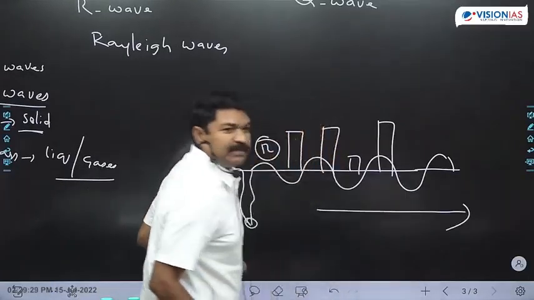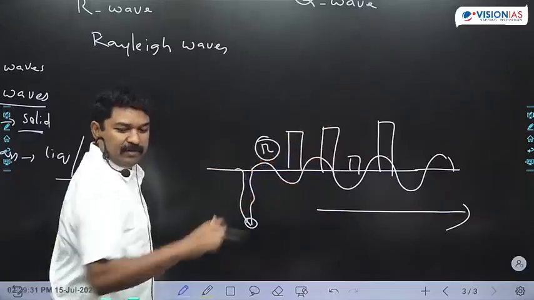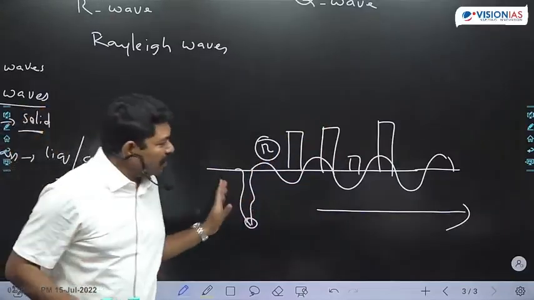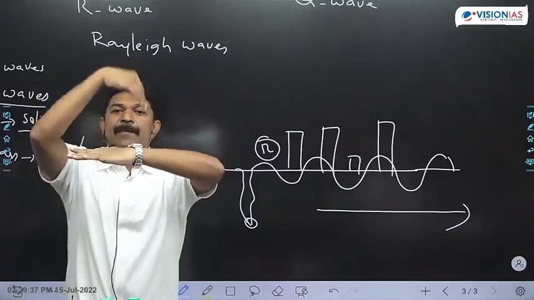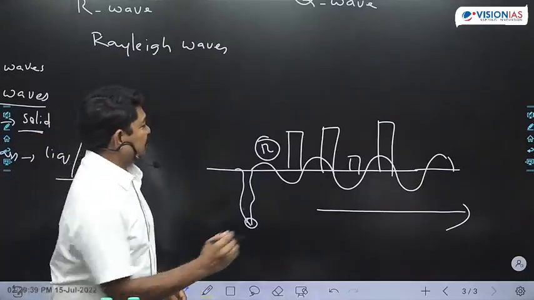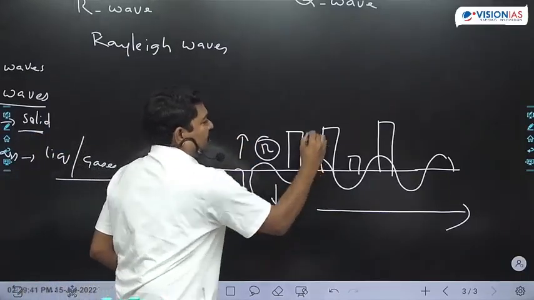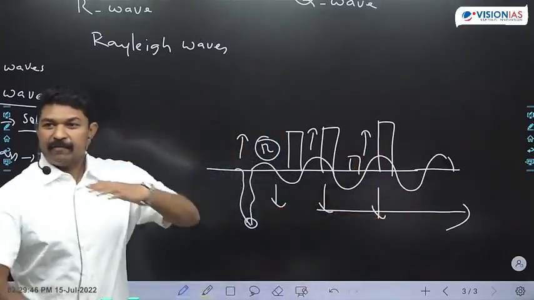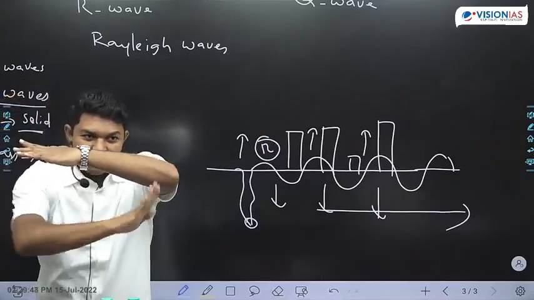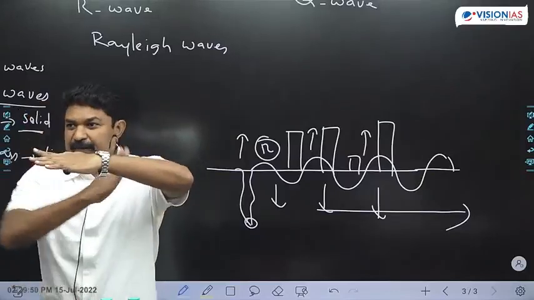The wave is moving like this. This is the direction of the wave. But how is the surface? Surface is like this. How is the wave moving? Up and down, which is perpendicular to the propagation along the surface. This is what is happening.